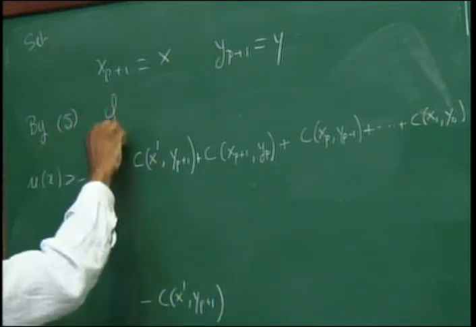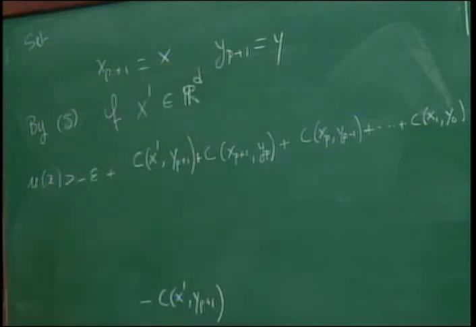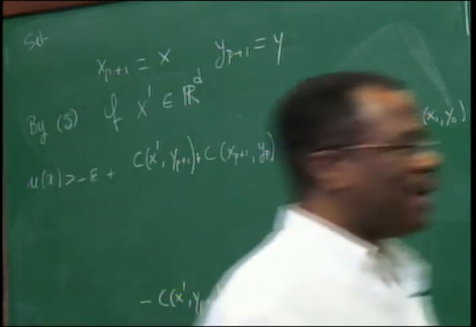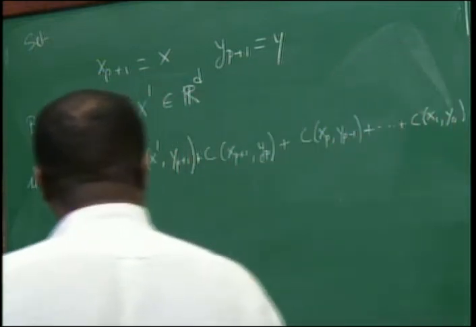By 5, if S prime is an arbitrary element of R^d, I can write this first part as what is there, as this.